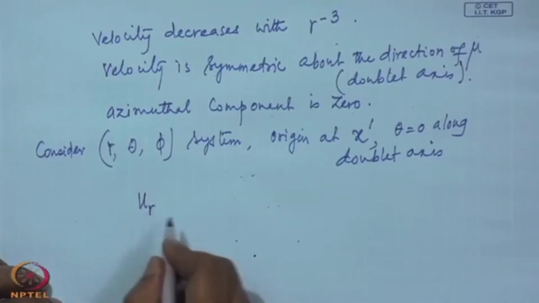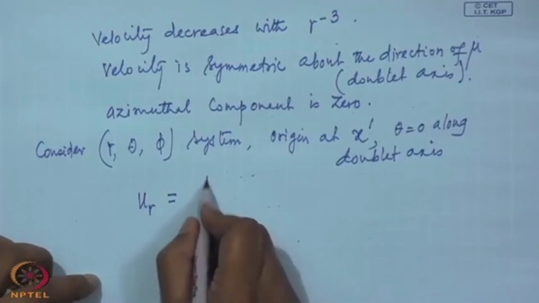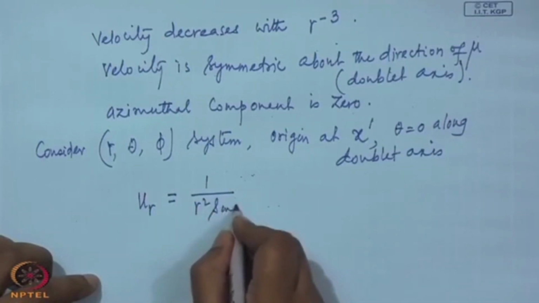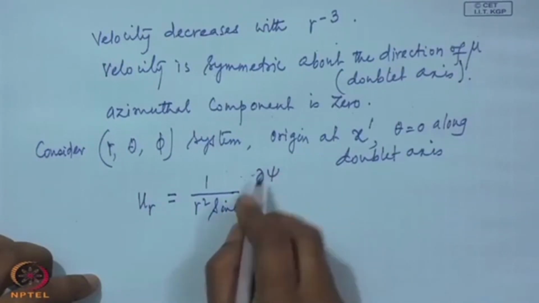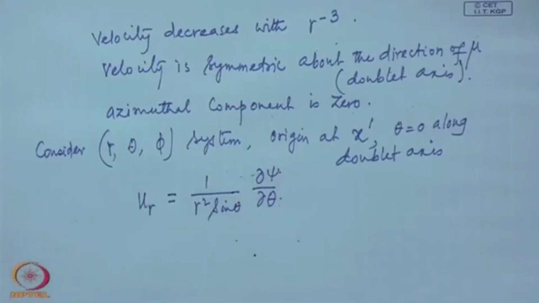The radial component of velocity is given by 1 by r square sin theta d psi d theta, where psi is the stream function which we have defined earlier.